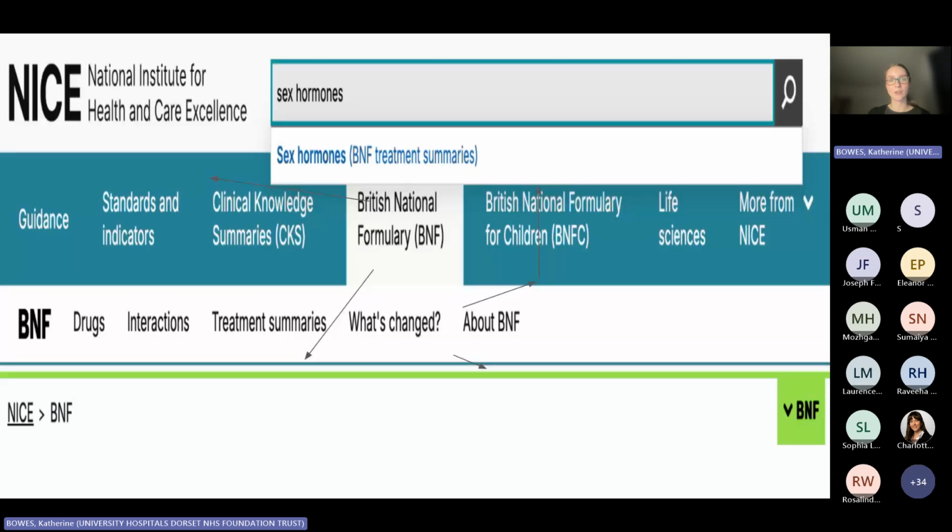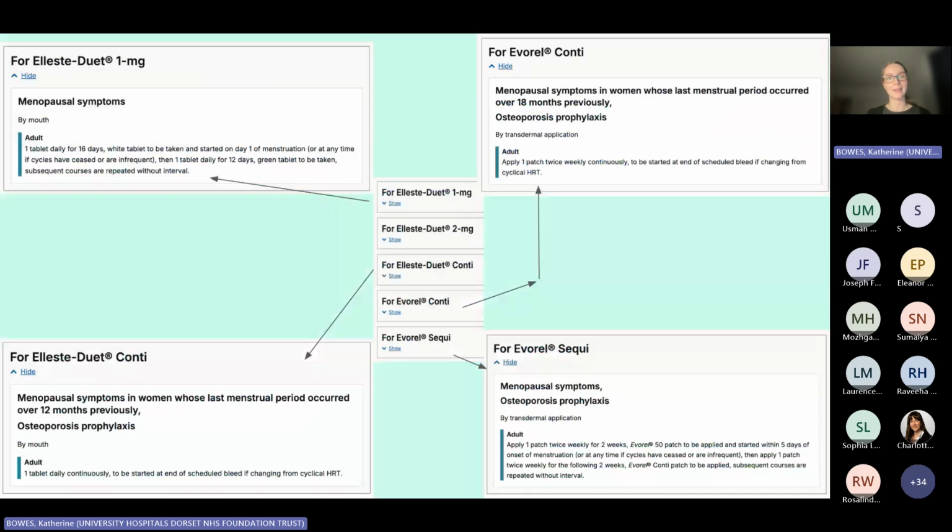And just to demonstrate what I meant about the naming of the brands, this is just a screenshot from the BNF. I think all I typed in to get this up was Everel or Alesti. I'm not exactly sure how you say it. But basically, this top one, I think it's what I prescribed actually.